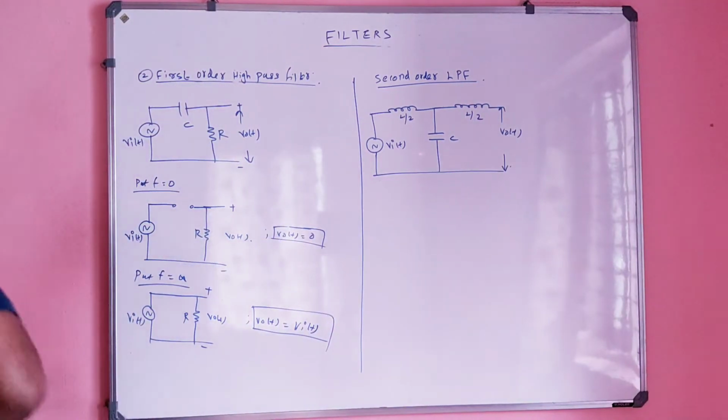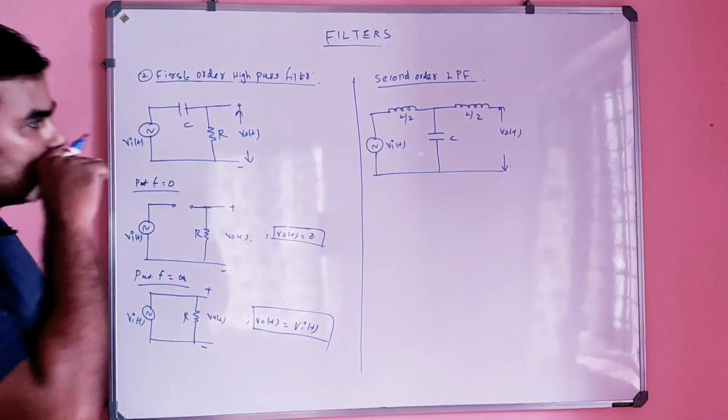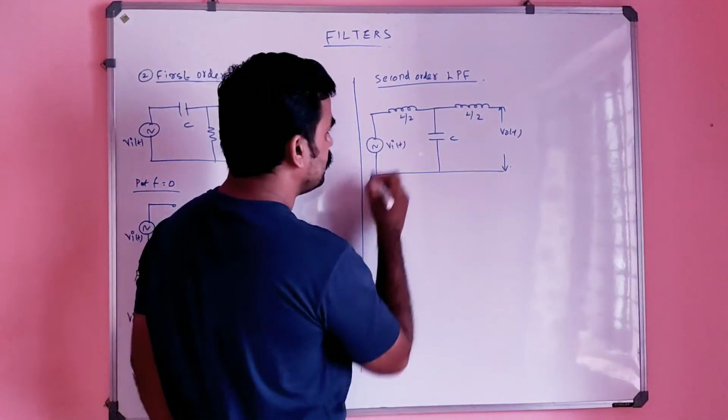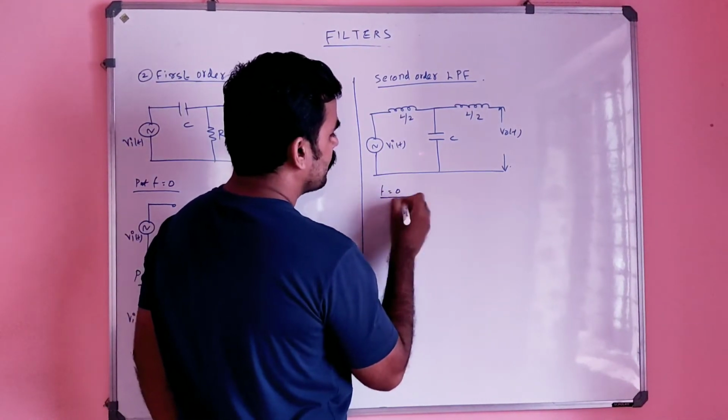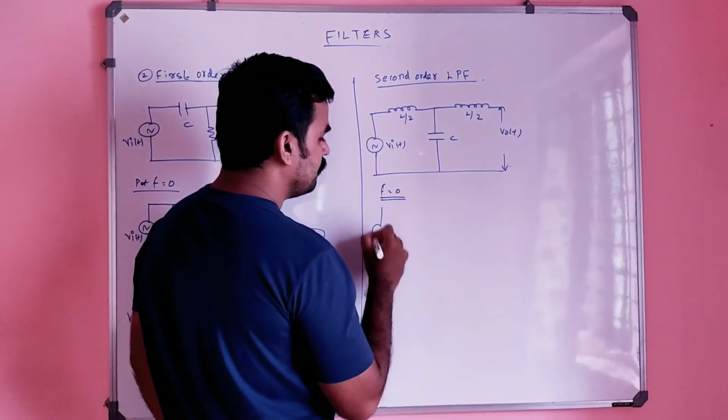This is the circuit diagram of the second order low pass filter. How can we derive the equation? See, put f equal to 0. What will be the figure?